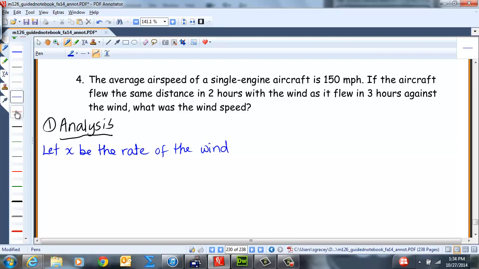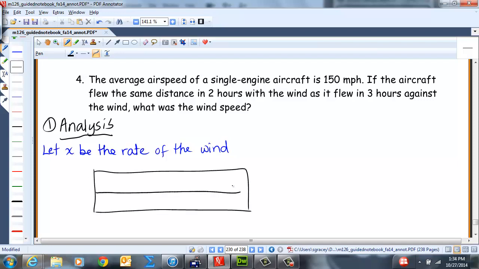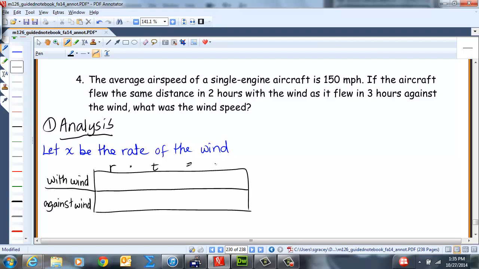And I always find in these problems it's easier to make a chart. So we have with the wind, we have against the wind, and we have that rate times time equals distance.